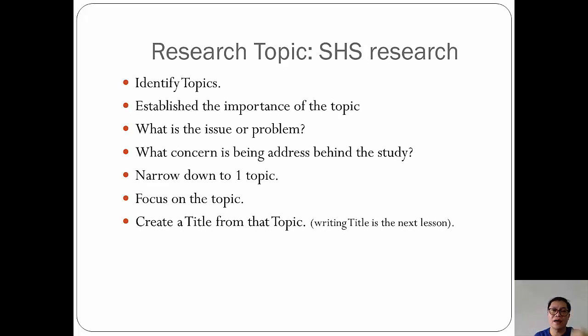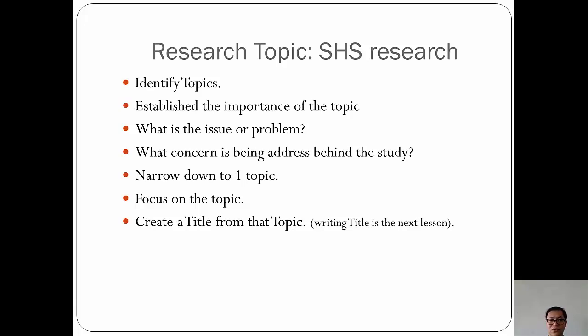So for the research topic, identify first a topic. Next is to establish the importance of that topic. After establishing the issue or problem of your topic, identify what concern is being addressed behind that study.